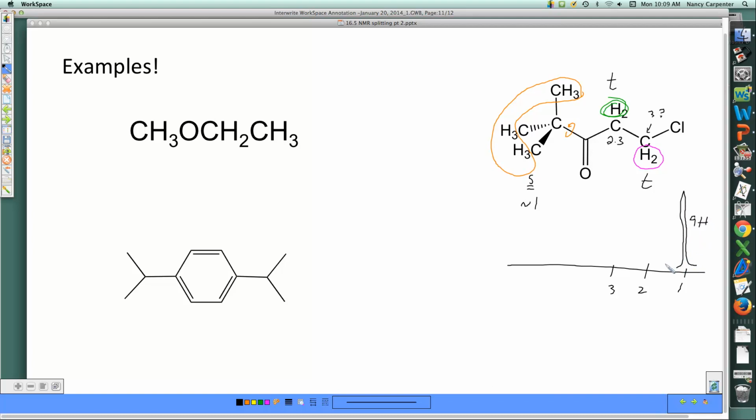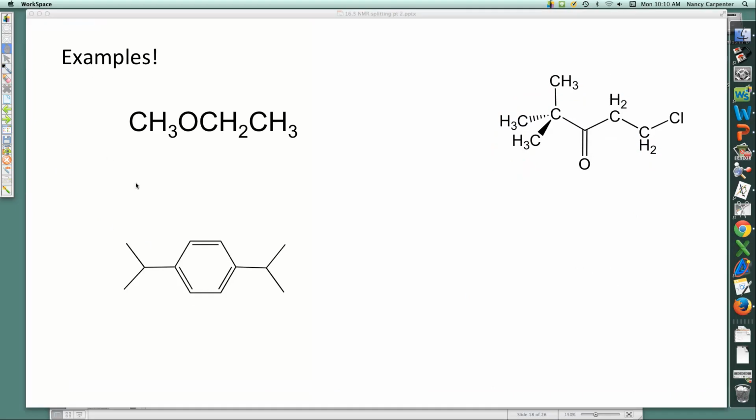We got a little triplet worth 2 hydrogens here at 2.3, and then around 3 or so another triplet. I'm not going to give up my day job, which shouldn't include drawing NMR spectra, but that's what I would predict the proton spectrum to look like.